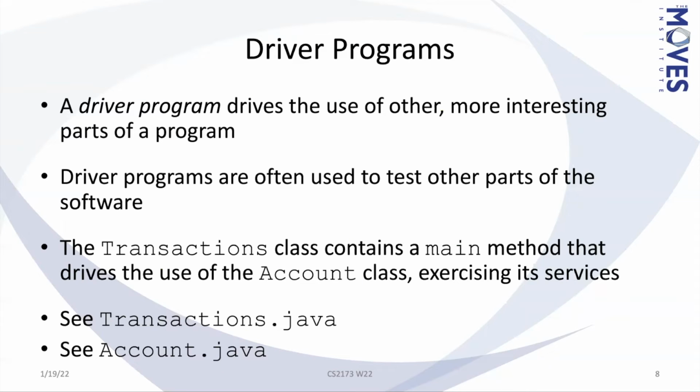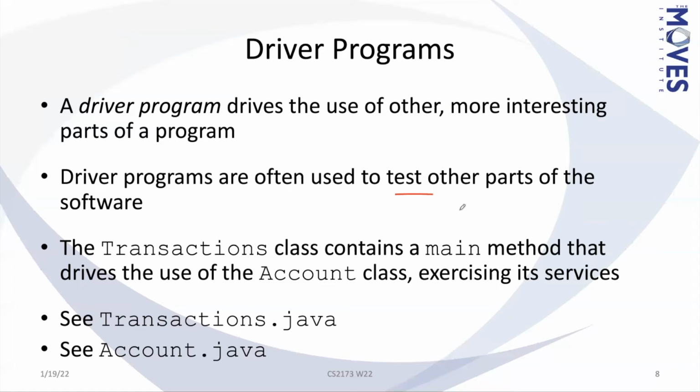Okay, so the driver program, you don't have to remember that name, but basically the thing to understand is that these classes that we are writing using the main methods, all we're doing with them so far is testing the other parts of the software. These driver programs are in and of themselves not important, except to verify that our classes are doing what they were designed to do.